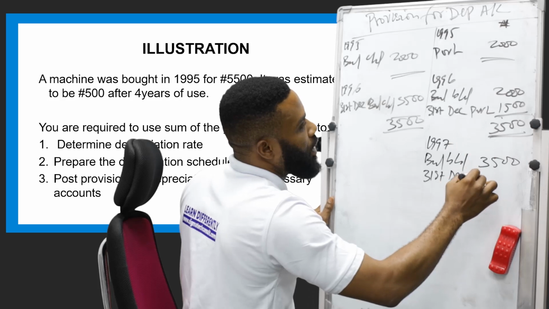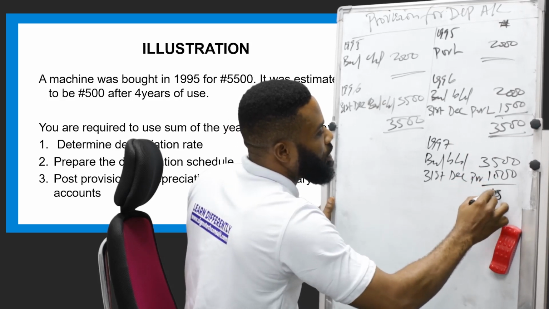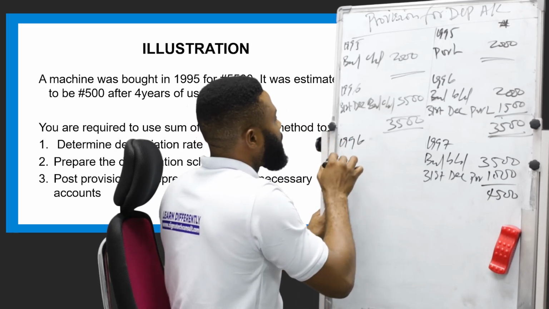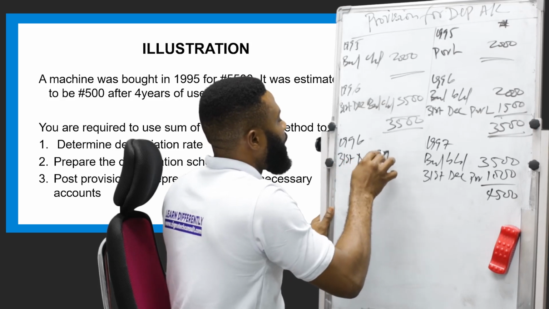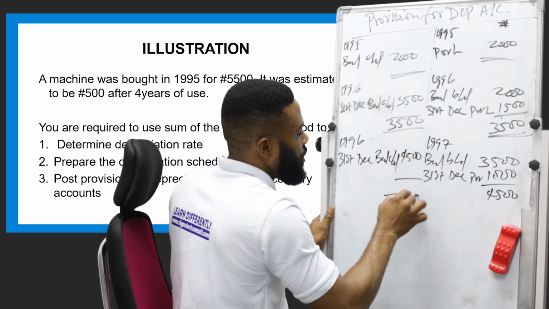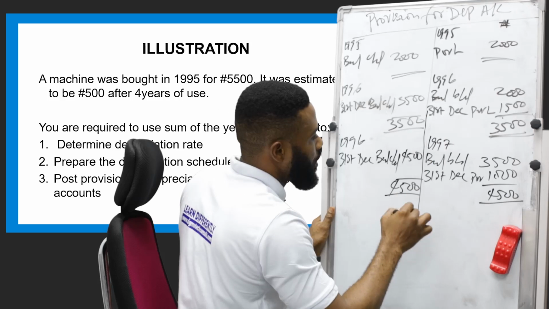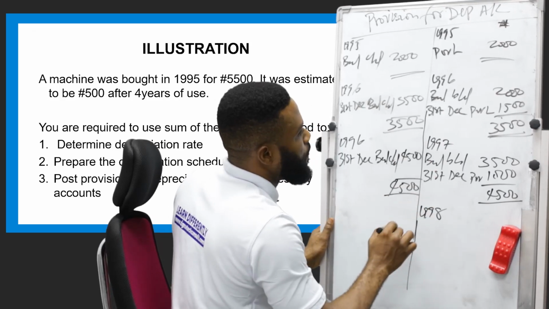This is 1,500, the other one is what? 1,000, which is what? 4,500. And then you have 1996, 31st December, balance carried down 4,500. You have 4,500. And then the last but not the least is 1998.